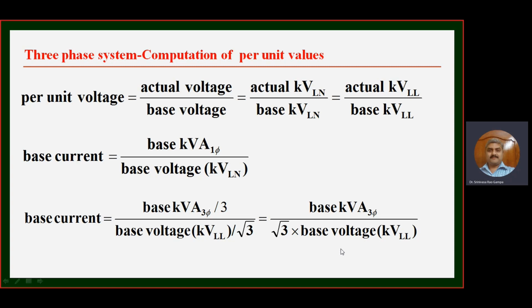So directly by taking the three-phase values, we can calculate the base current. We need not again use the single-phase values. Since most systems are three-phase balanced systems, we need to use the direct data for calculating the base current values. So finally it gives base kVA three-phase by root 3 into base voltage kVLL.